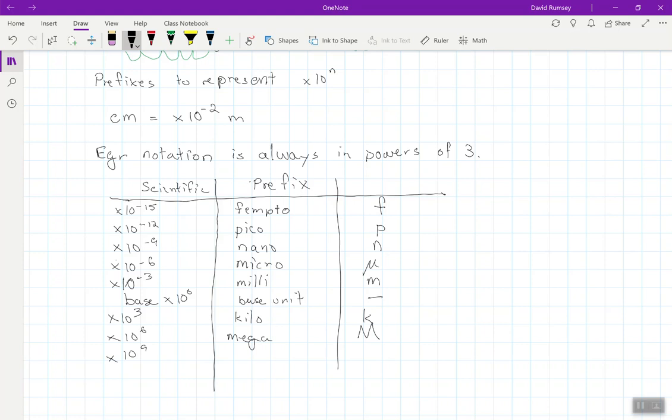In text, that's easy to pick up, but when you're doing handwritten things, whether you're referring to milli or mega, make sure that your capitals and lowercases are very distinct. And then times 10 to the 9th is giga, and that is a capital G.